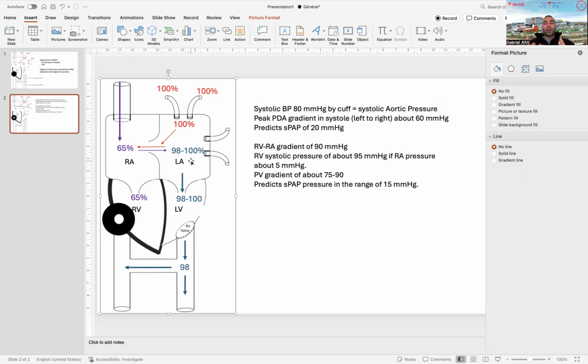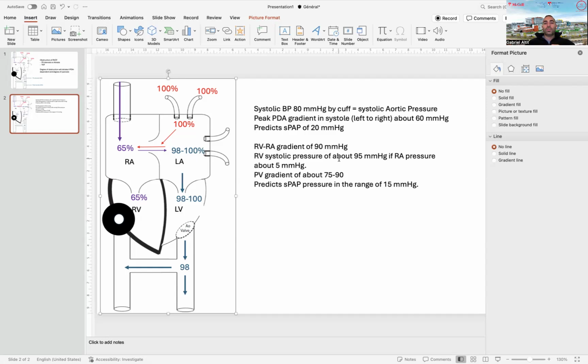So I suspect that the RV pressure is more 5 to 7 millimeters of mercury, knowing that usually RV pressure is always slightly lower than the LV pressure. But in that case, we're going to use 5 millimeters of mercury because I don't think it makes a huge difference in this particular context.